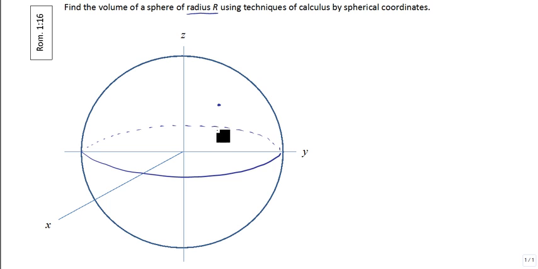In spherical coordinates, we can locate this point by a line going from the origin out to the point itself, and that would be the radial line. That radial line is going to be located at some azimuthal angle measured from the z-axis here. So let me denote that azimuthal angle here as phi.